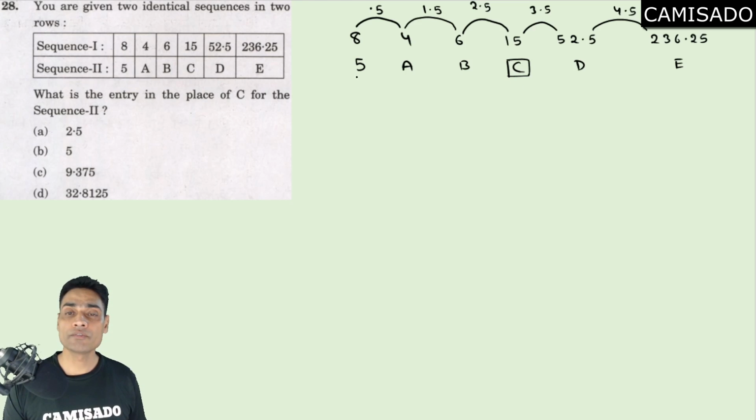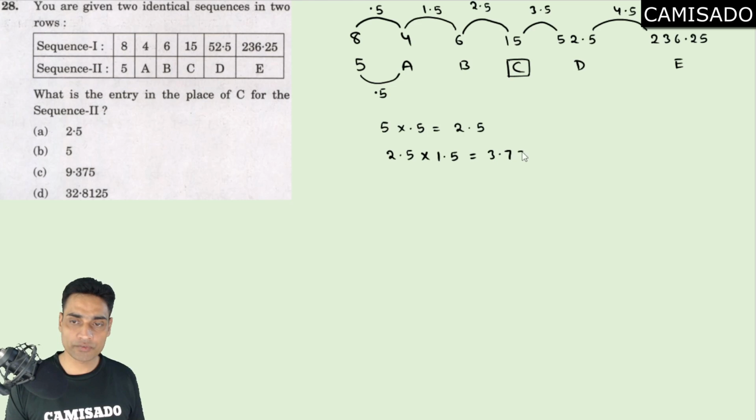So when 5 is multiplied by 0.5, so 5 into 0.5, it is 2.5. Then 2.5 multiplied by 1.5, it is 3.75.